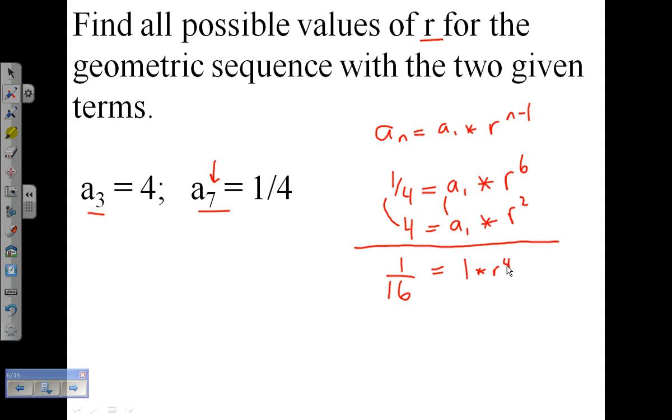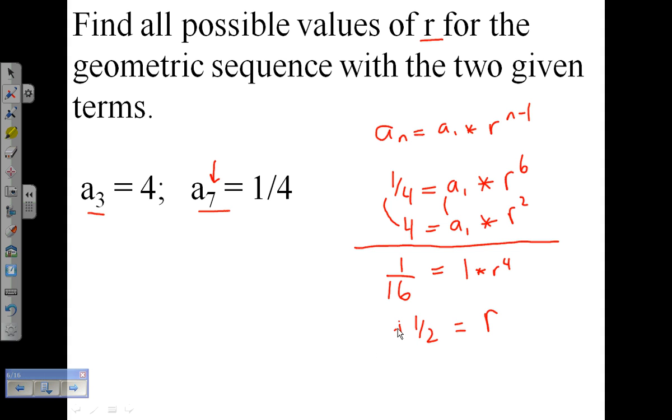If you take the fourth root of 1/16, you should get, I believe, 2. 1 divided by 16, the fourth root of it, and yeah, you get 1/2. So r is equal to 1/2, and that actually could be, no, it has to be all positive. I guess it could be negative.